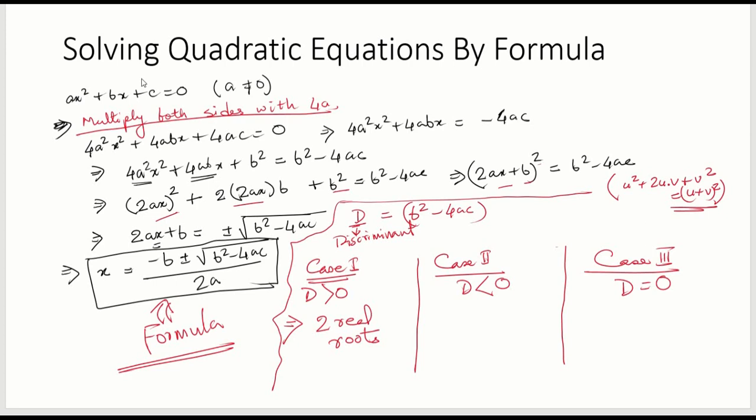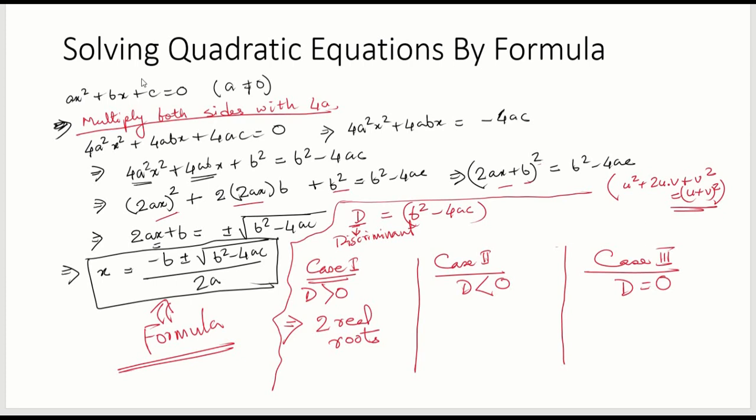So we will get two roots which are always in pairs, like one will be 2 plus root 5, the other will be 2 minus root 5. But it's fine, we will discuss those later. At this time you just need to understand, if d is greater than 0, we will get two real roots. That's more than enough for now.